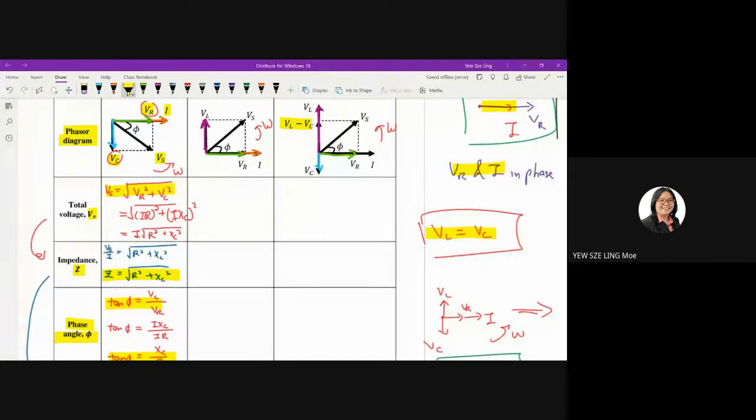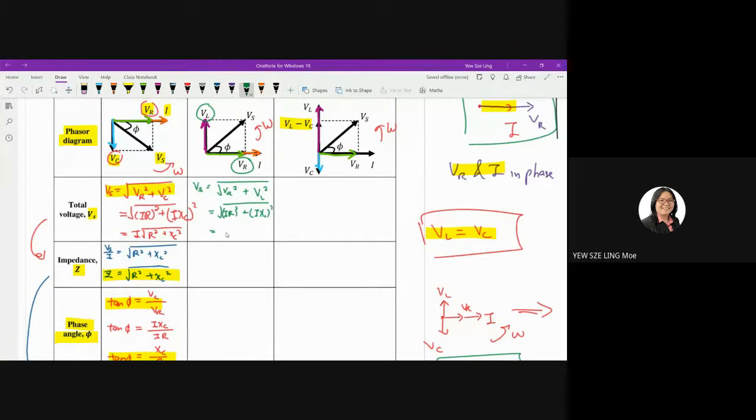Right, so let's look at the second one. Basically you just repeat the same thing, but now you have VL pointing upwards and VR right here. So Vs is still equal to the square root of VR squared plus VL squared, but now the one on your y-axis is just VL. If you expand the equation, you have IR squared plus IXL squared.